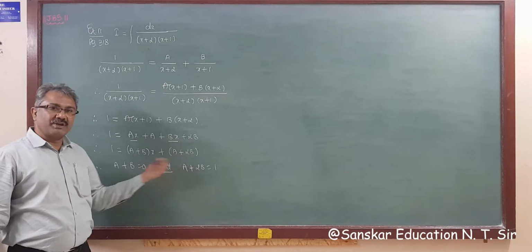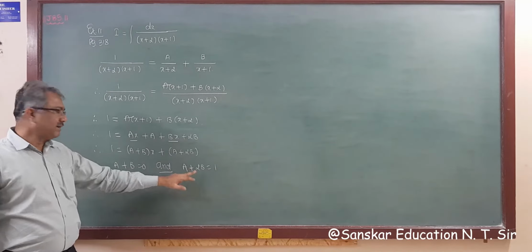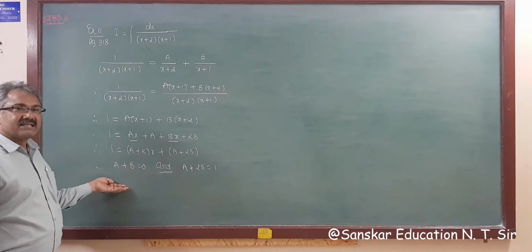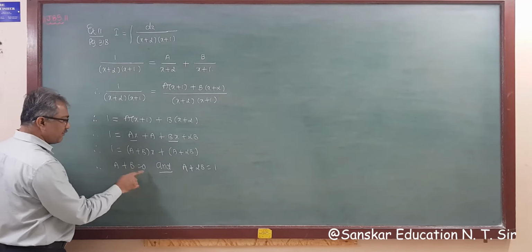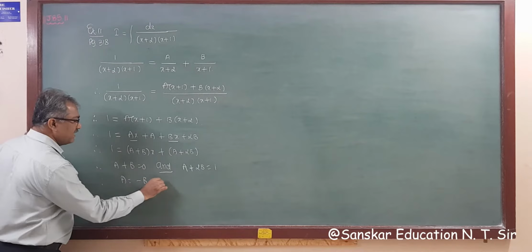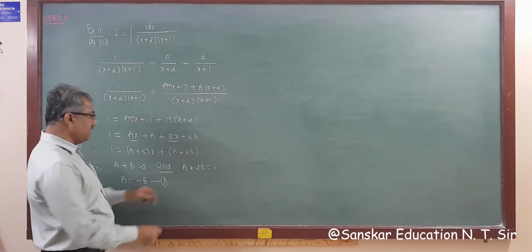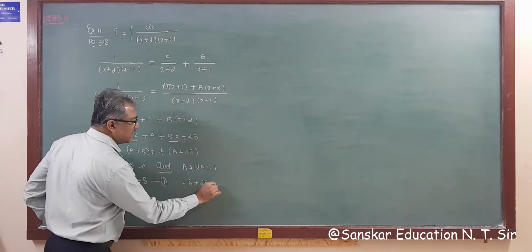Now solving these two equations, either substitute the value of a is equal to minus b, or you can directly subtract and find the value of a. So from this, a is equal to minus b, equation number 1. Writing a equal to minus b here, minus b plus twice b is equal to 1.